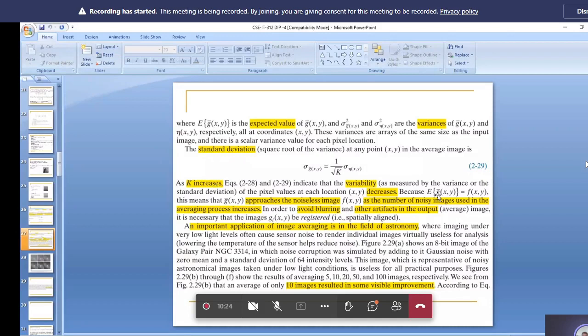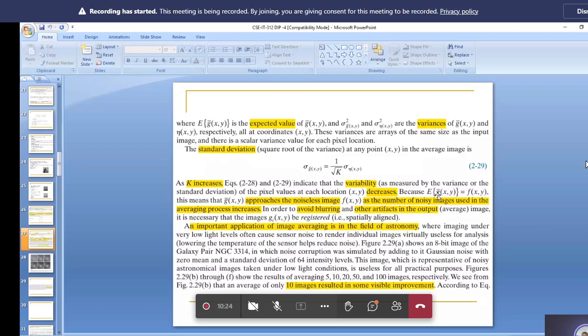This means g of x comma y approaches the noiseless image, that is our input image. So see the example. An important application of image averaging is in the field of astronomy.